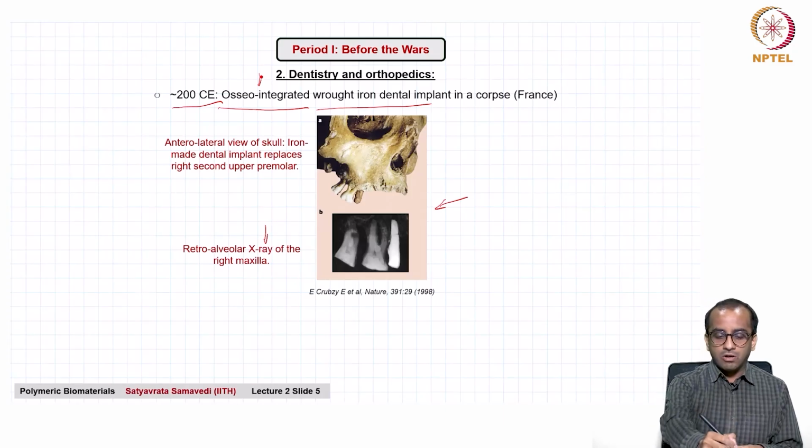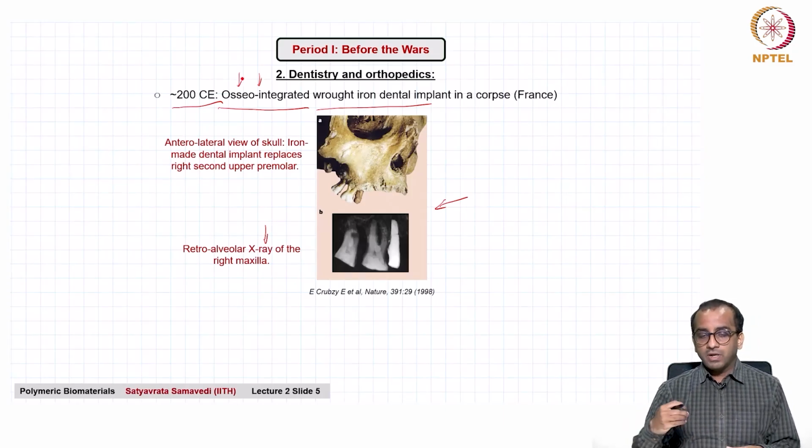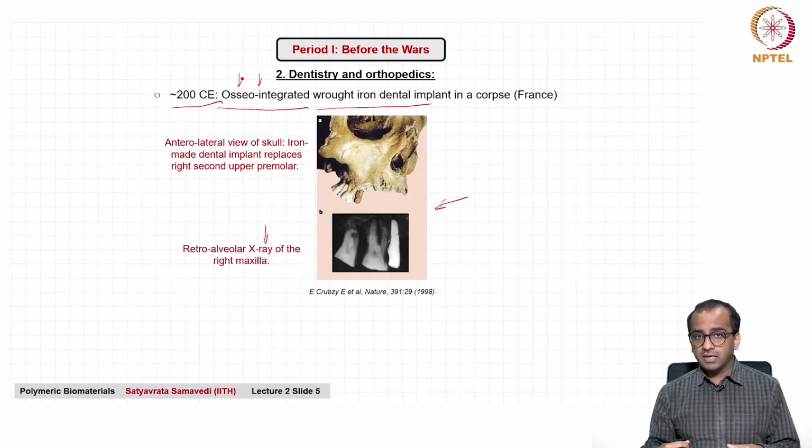So, here osseo simply means that it is related to bone, and the word integration means that the implant here, in this case the wrought iron dental implant, had healed well, and bone had actually formed around the implant without intervening soft tissue. That is what the word integrated means in this limited context.